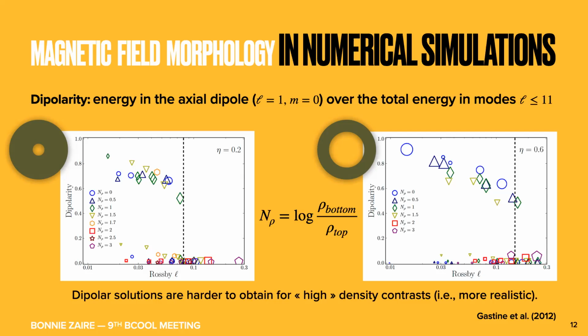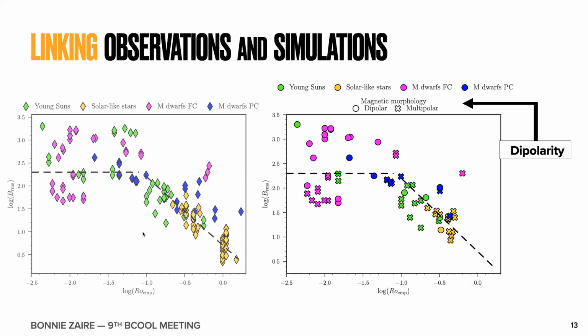So if we now try to link observations and simulations, we have on the left the plot that I just showed you, and now here on the right I have the same stars, but just a subset of it, for which I could derive this quantity computed as we compute in the simulations.